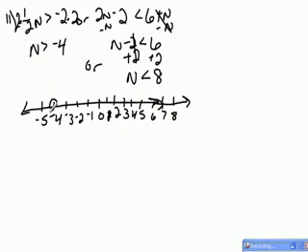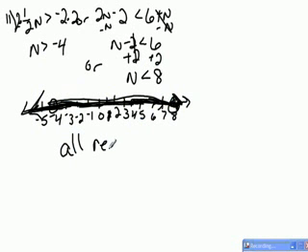N is greater than negative 4, so there would be a circle, and it would go this way all the way to the end. And then n is less than 8 would be a circle, which doesn't matter because it's already filled in, and it would go this way. So again, it's going to cover up everything. So my answer in that case is all real numbers. Anything would work because it covers the whole graph.